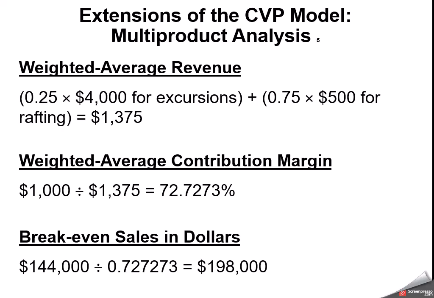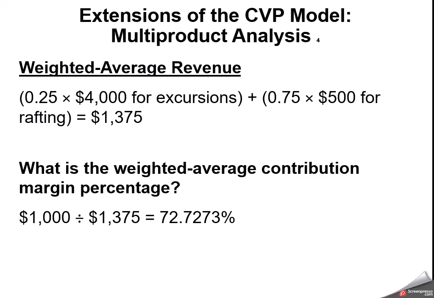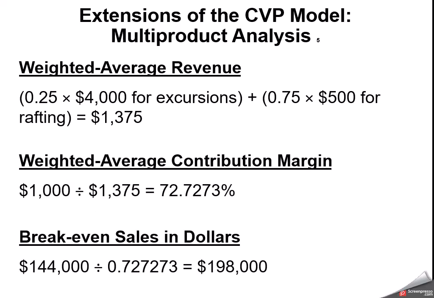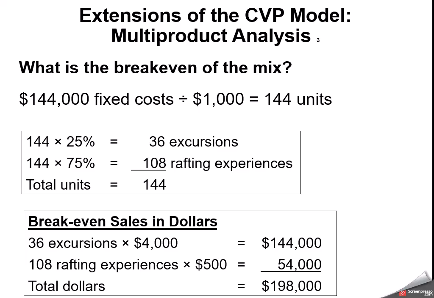And then we use that to calculate our break even in sales dollars. So then that would go up to 198,000, versus, no, it's the same. So I guess they're just showing us a different calculation, right? Because we're getting the same answer, the 198,000 break-even point.